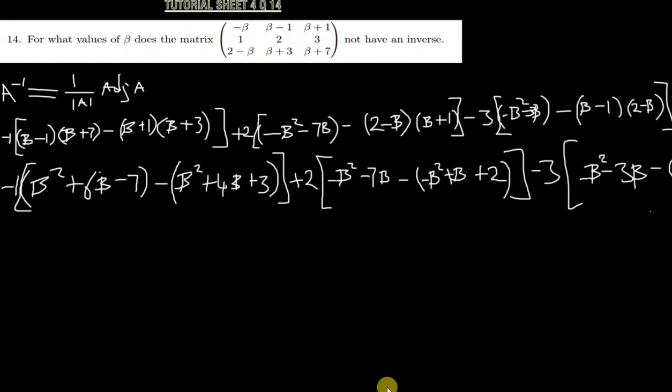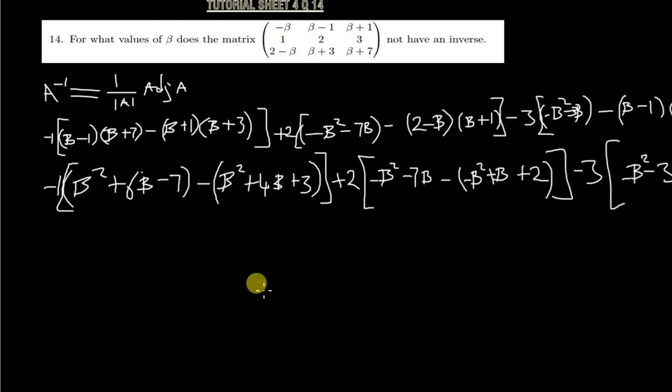So now we can start simplifying it. Here, just by looking, we can say this will be negative beta squared.